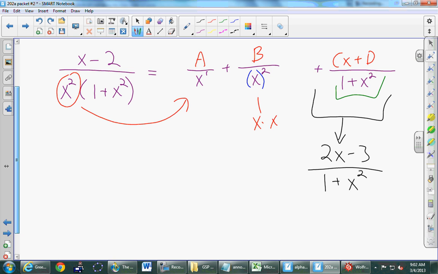It's fine to do a trig sub. You see 1 plus x squared, you think trig sub? Sure. But I see two terms upstairs. And when I see two terms, what can I do? I can split it up. 2x over, and then minus 3 over. And those are two integrals that we can handle without any fancy techniques.